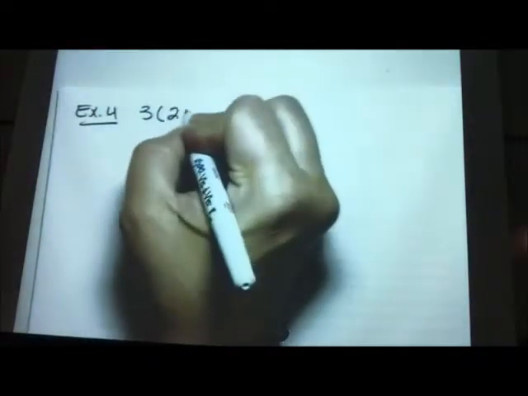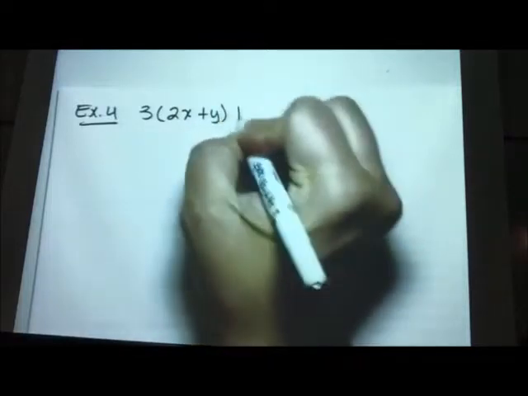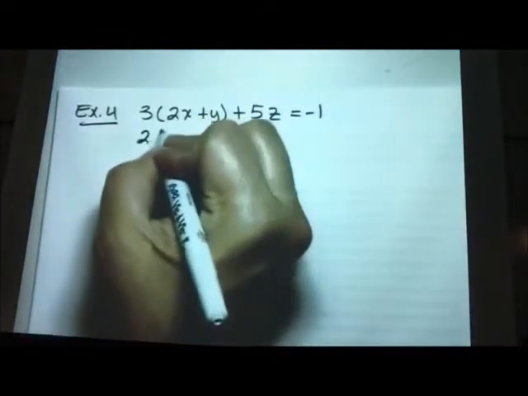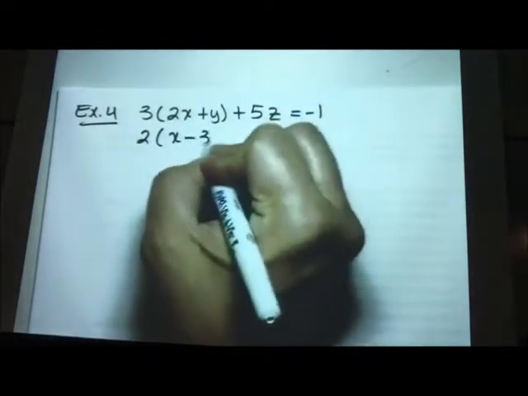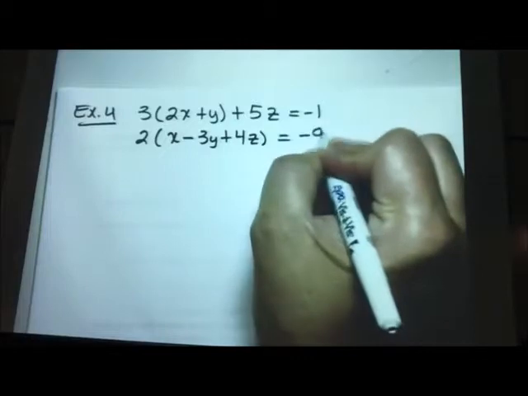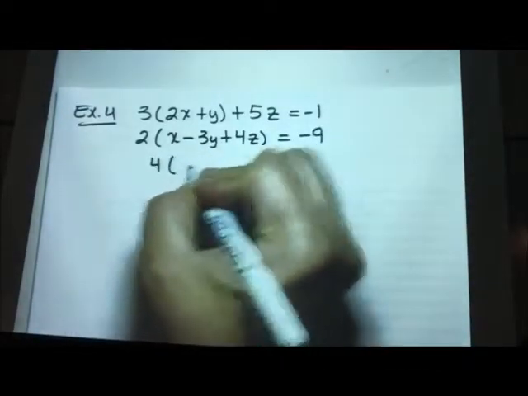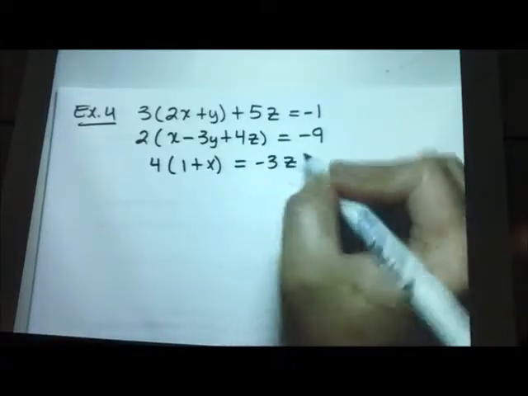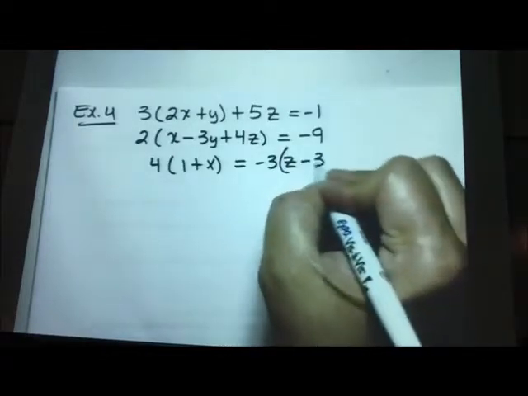So for example number 4, we are given something like this. 3 parentheses 2x plus y plus 5z equals a negative 1. 2 parentheses x minus 3y plus 4z equals negative 9. 4 parentheses 1 plus x equals negative 3 parentheses z minus 3y.